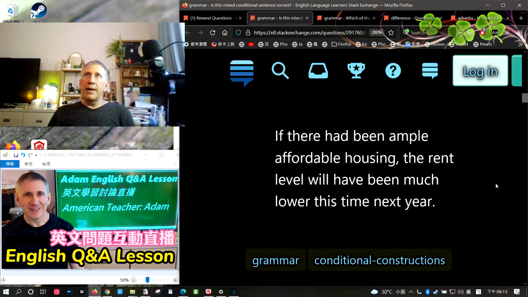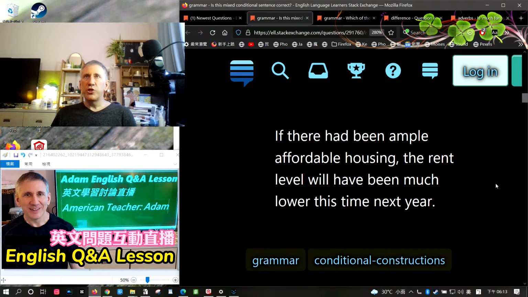So a type 0 conditional is something that is always true. Like if you mix yellow and blue, you get green. So in a type 0 conditional, we use present simple in the if clause and in the main clause.